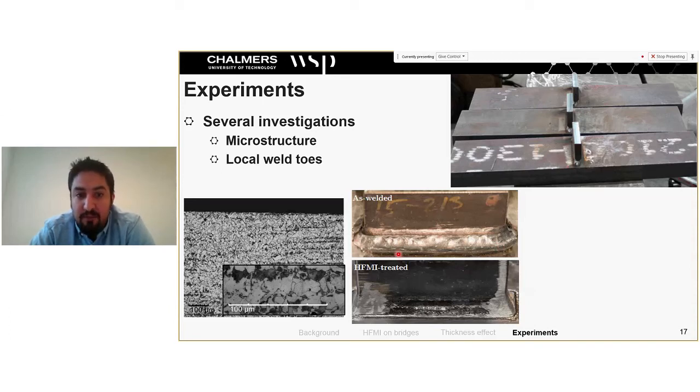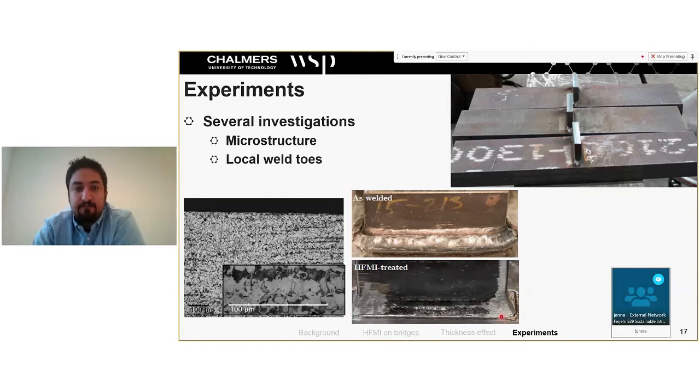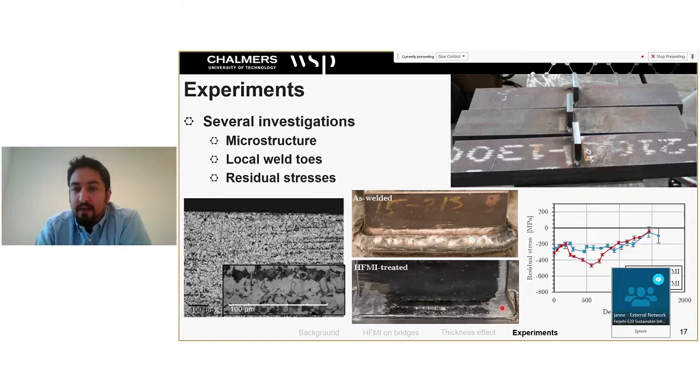For this upper one, we have a non-treated, also called welded, case, and when we treat it, we induce these grooves of the treatment trail. We also looked at how the residual stresses look before and after the treatment.